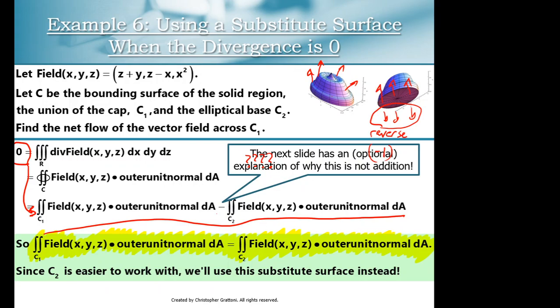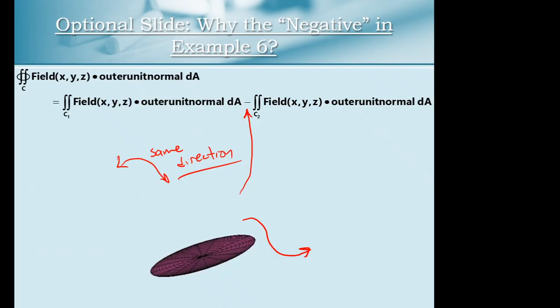So the reversing of the normal vectors was just to show you that this is a technique we're allowed to use. If you have a complicated surface that you don't want to work with, if you can use that surface to come up with a simpler surface that you do want to work with, such that the 2 surfaces together make a closed region, the net flow of the vector field across both of these 2 surfaces will be the same as long as your divergence is 0. It's a substitute surface trick.